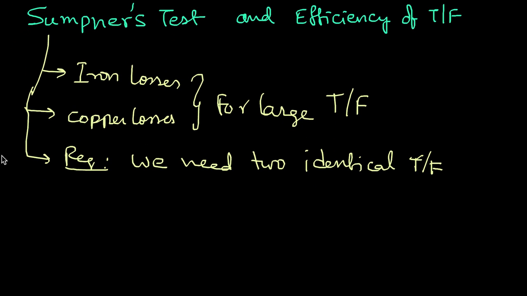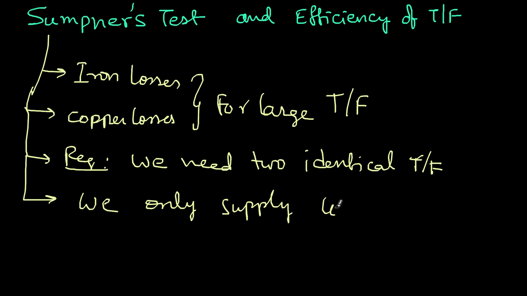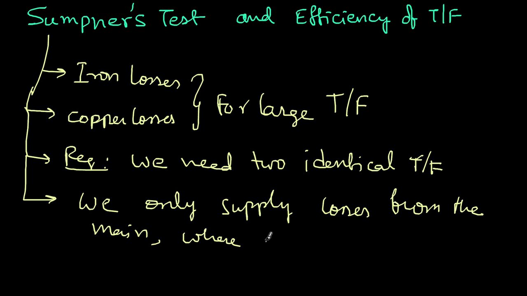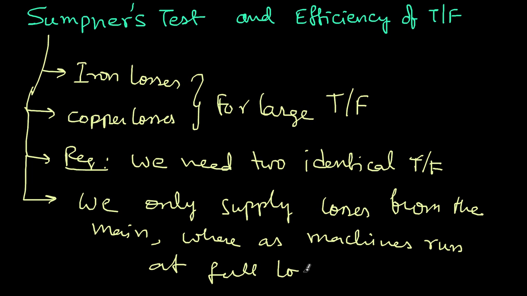The advantage is again similar to the OC test and SC test: we only supply the losses from the mains, whereas the machines run at full load. If I want to run a machine at full load, I have to connect a load.